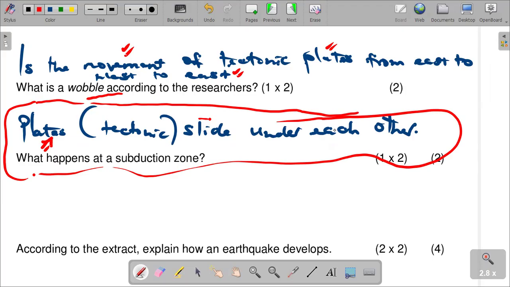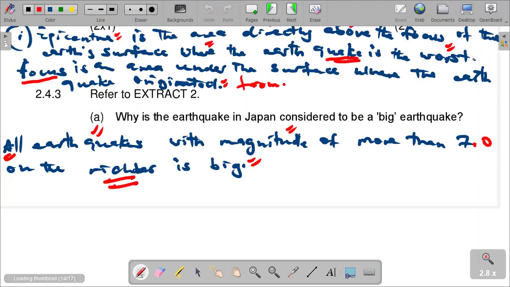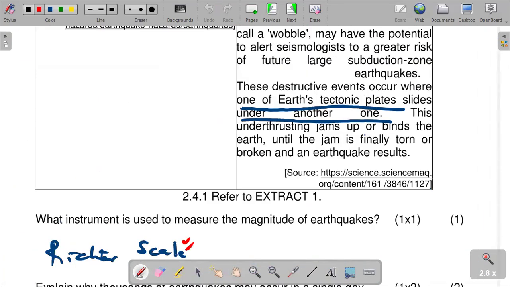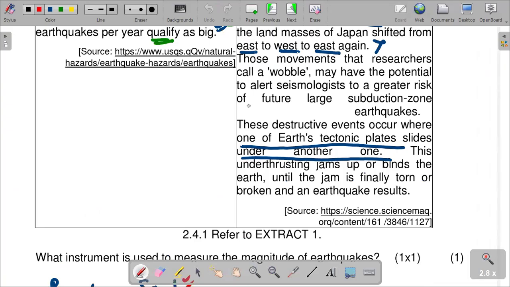That is one thing that we need to understand. If you refer again to our comprehension, it is given that destructive events occur where one tectonic plate slides under another. This is what is happening at the subduction zone.